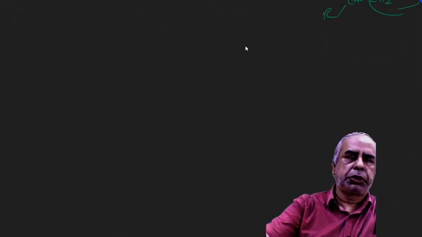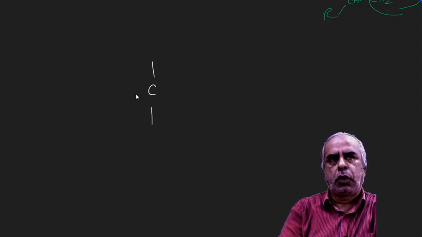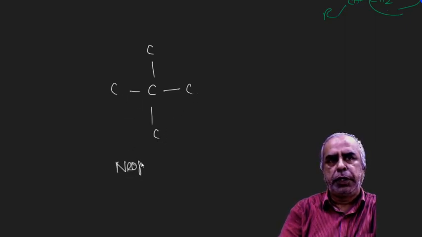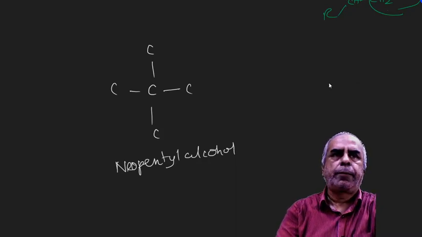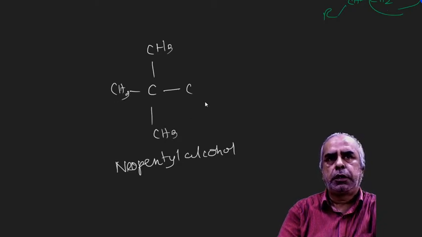Neopentyl alcohol. Is it primary, secondary, or tertiary? What is neopentyl? Neo means that the carbon atom is centrally distributed, so on all sides you have carbon, carbon, carbon, carbon. So this is neopentane. So here CH3, CH3, CH3, CH3.